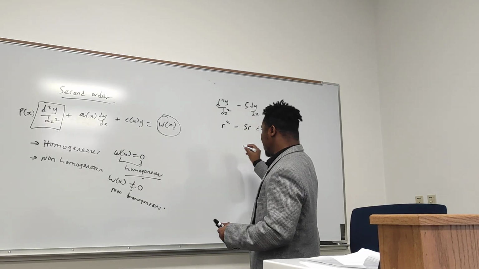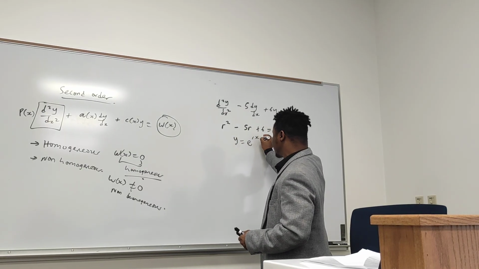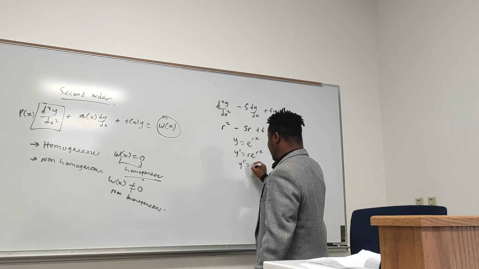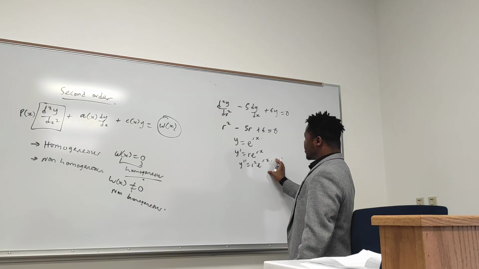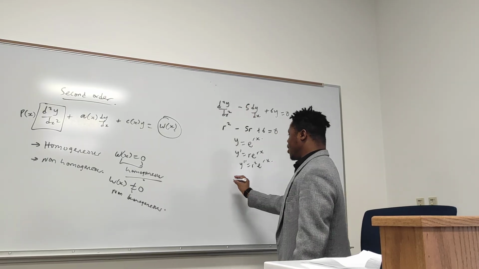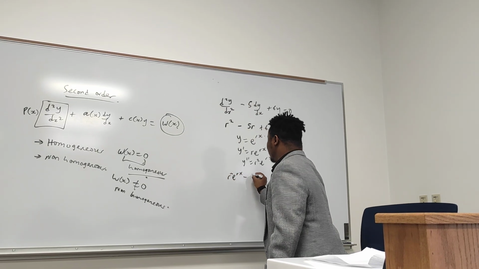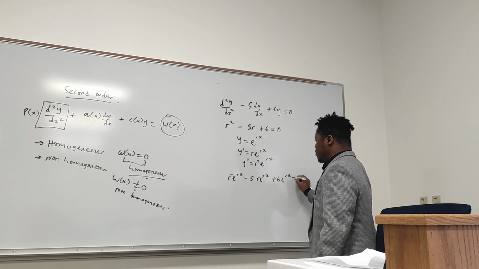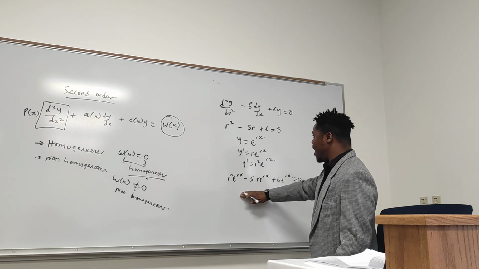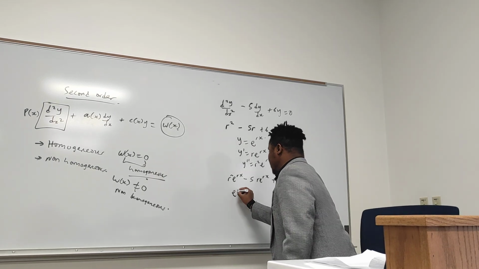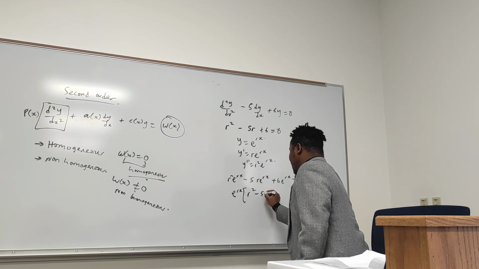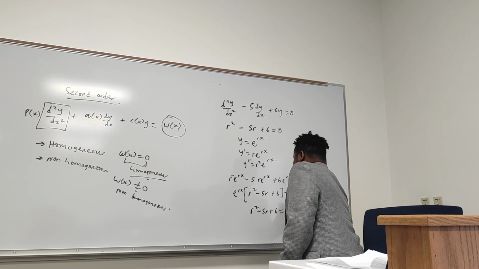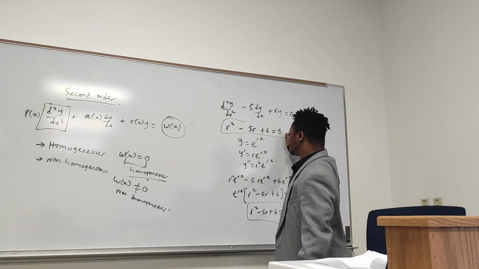Remember, we always say assume our solution is y is exponential rx. Our y prime is r exponential rx. Our y prime prime is r square exponential rx, right? So if you put this here, it becomes r square exponential rx minus 5r exponential rx plus 6 exponential rx is 0. If you factorize exponential rx out, it becomes exponential rx times r square minus 5r plus 6 is 0. So that's how we arrive at this. Right?